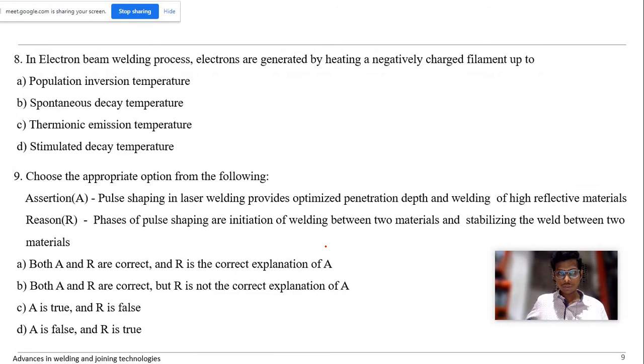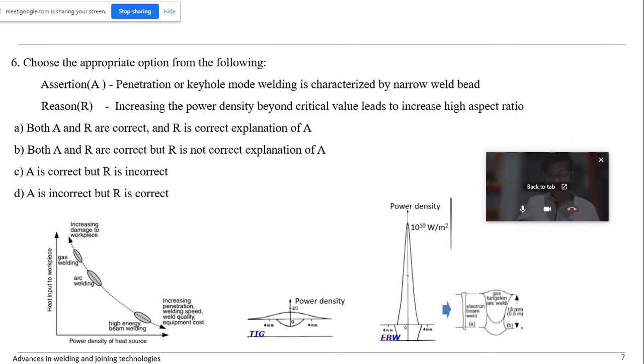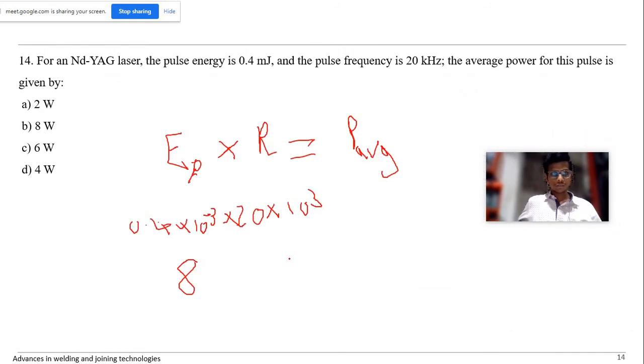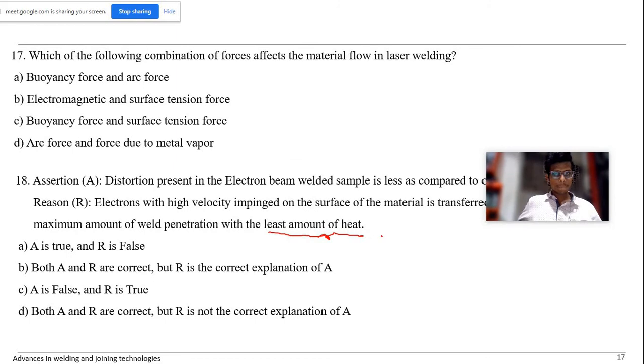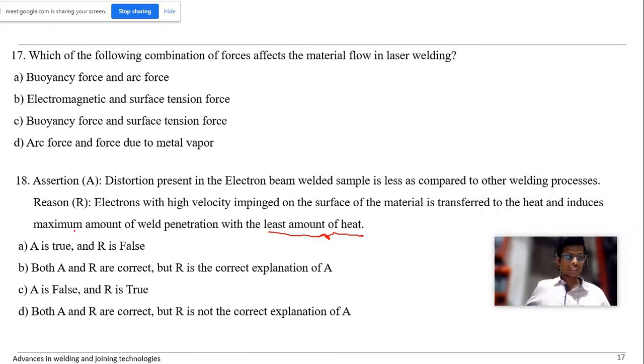One more perspective we can see: to join the same thickness of material, the amount of molten material that needs to be deposited in GTAW is this much, but it is very little in electron beam welding. So obviously the amount of heat required to melt the electrode is also reduced. Because of that, heat input is less in the case of electron beam welding. So B is the answer. If you guys have any doubt, you can ask me.